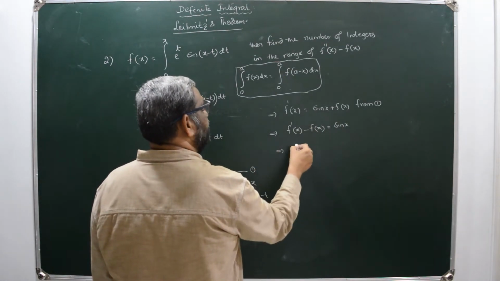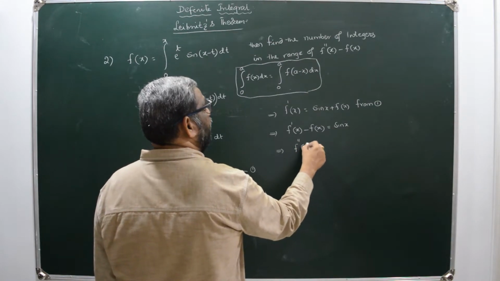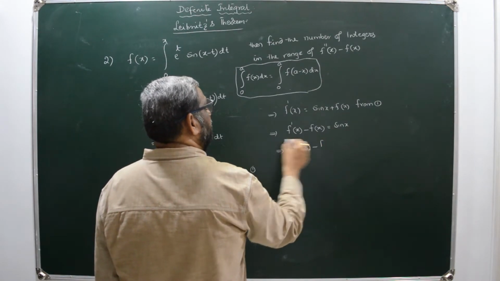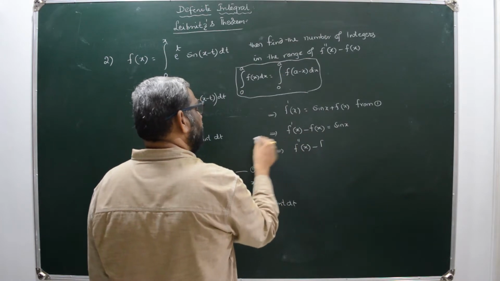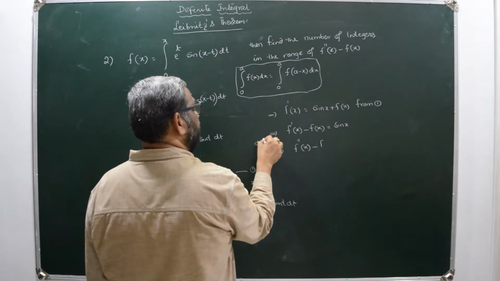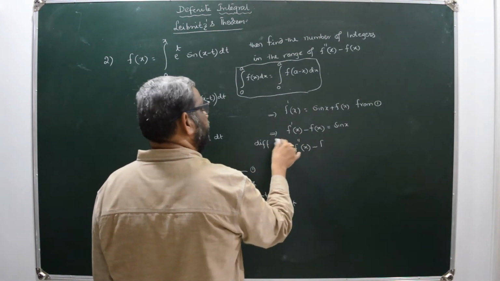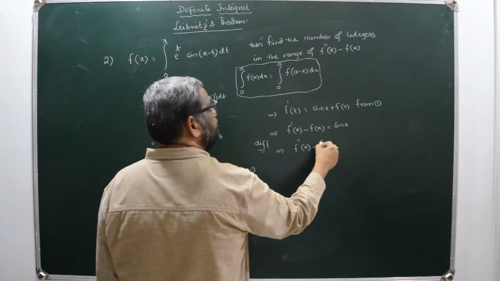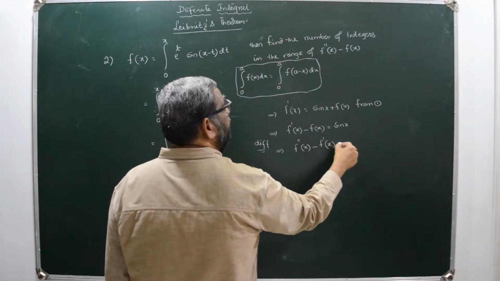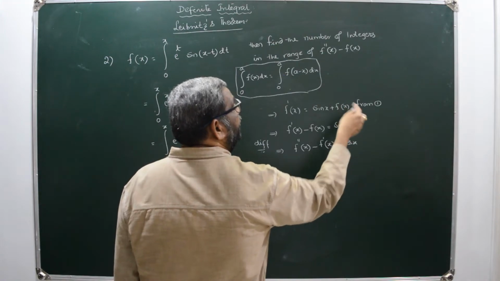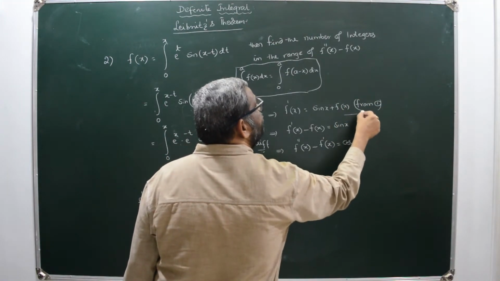Again I will differentiate. f''(x) minus f'(x) is equal to cos x. Now you can call this equation 2.